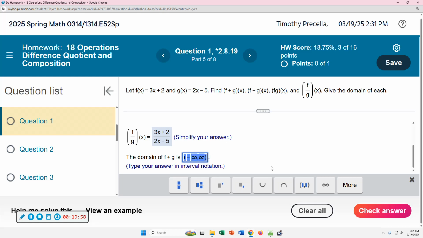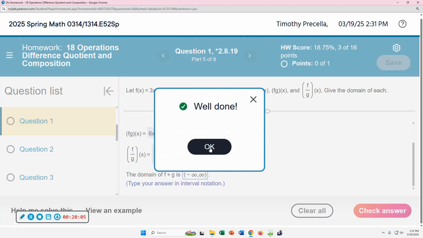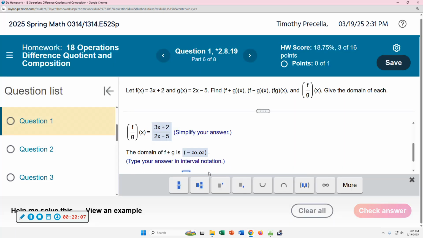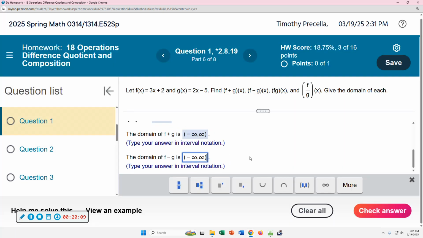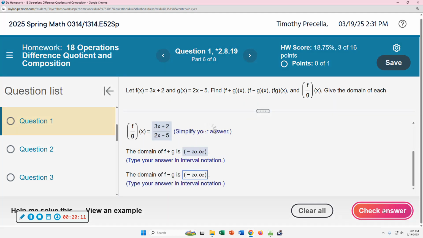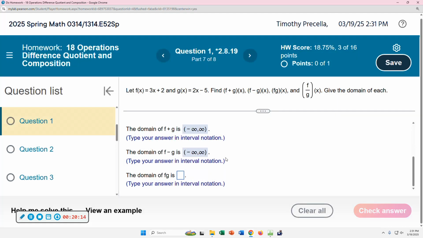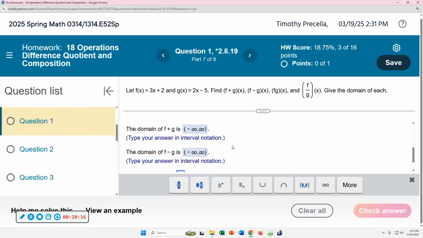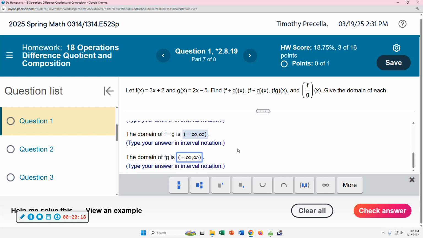Control C. There. So he just copied it. You can copy it before you say check answer. After you check it, you can't. And then we'll just paste it in. Control V. Check answer. See, isn't it nice if they just had one that said negative infinity to infinity? Control V.